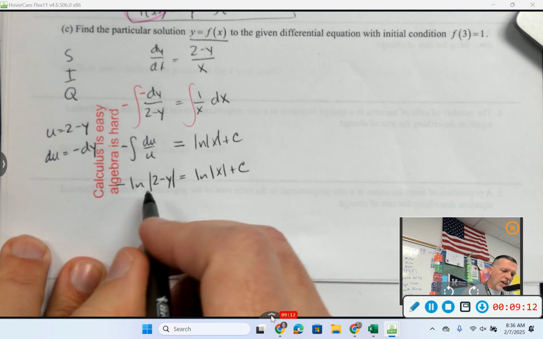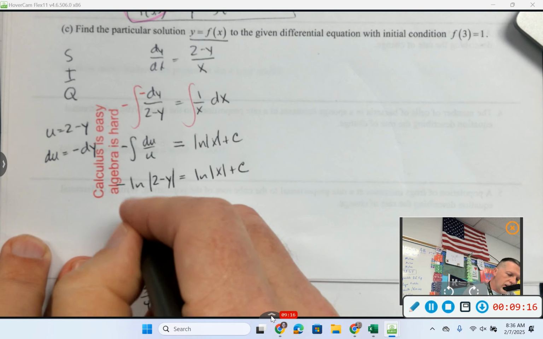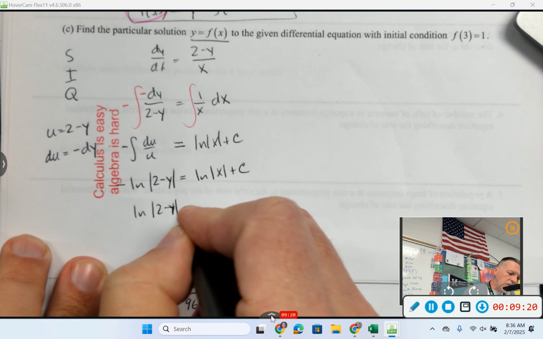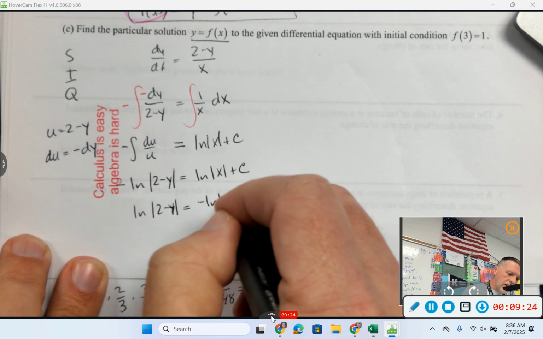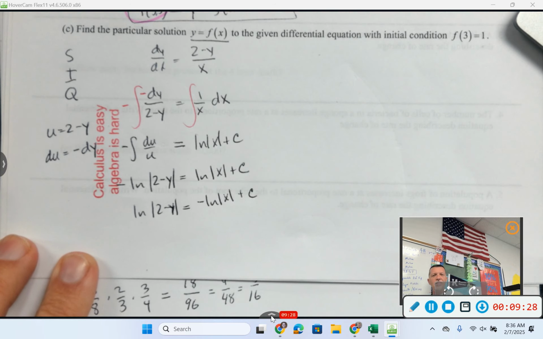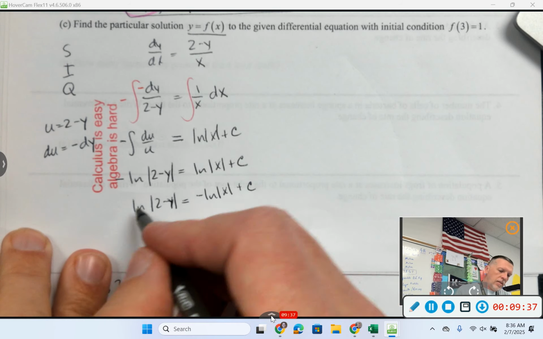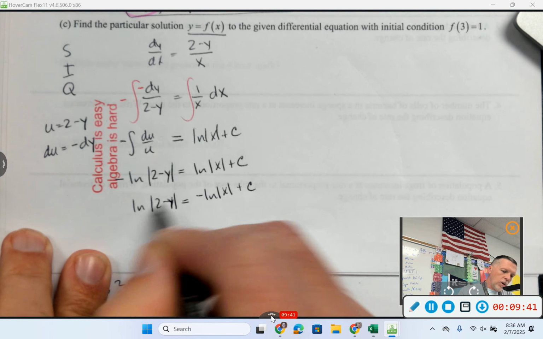You could do the e thing. I think I'm going to put the negative on the other side first, and then we'll e both sides. And negative 1 times c, still c, because we haven't figured out what c is yet. Then we can either do the fishhook thing, or e to both sides.